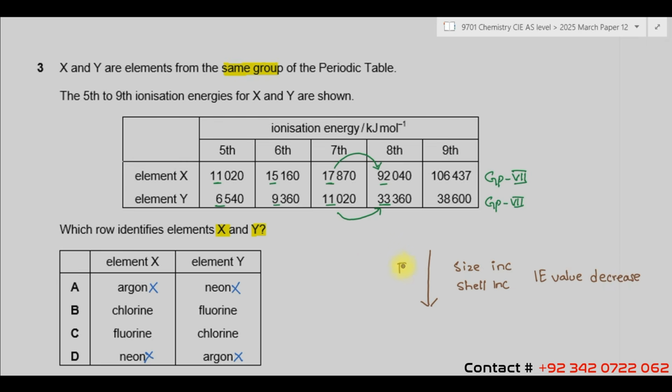So in the group we have fluorine, then chlorine. So it means chlorine has lesser ionization energy value for the same electron as compared to fluorine. So we have 11,000 and 17,000. This 11,000 must be chlorine and this must be fluorine. So X is fluorine and Y is chlorine. Correct answer is C.